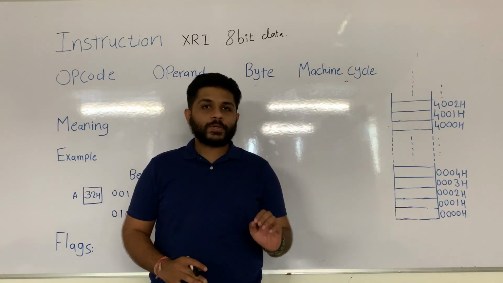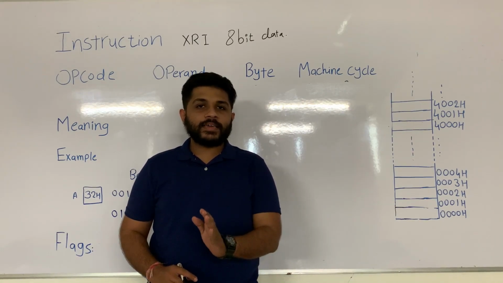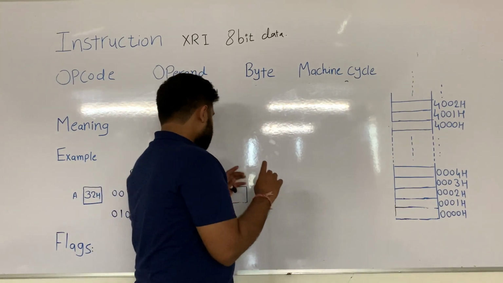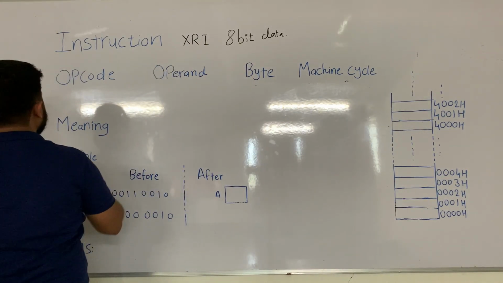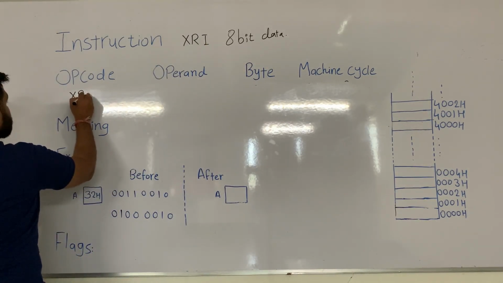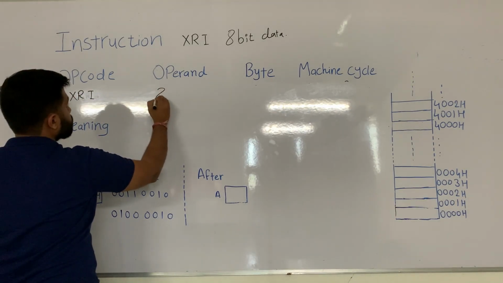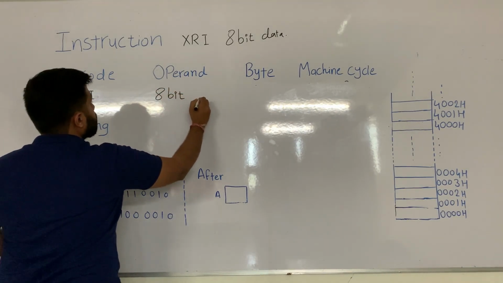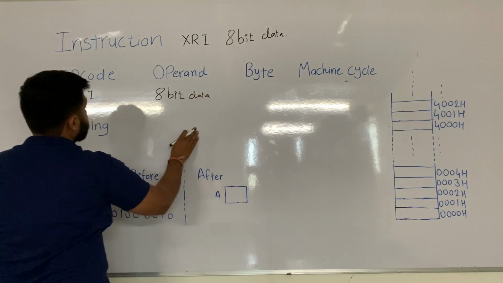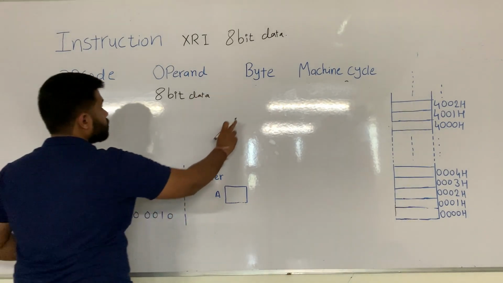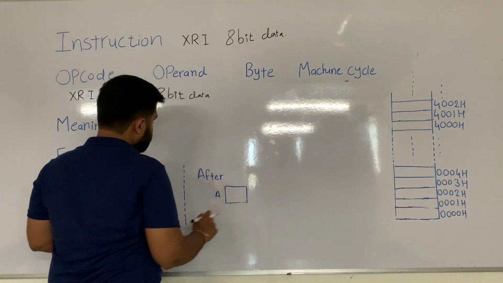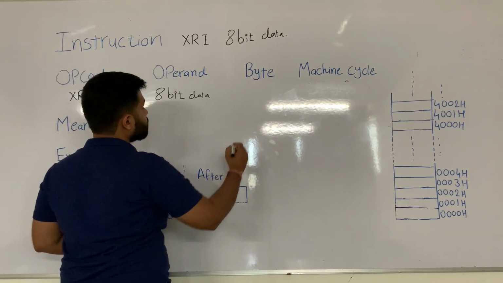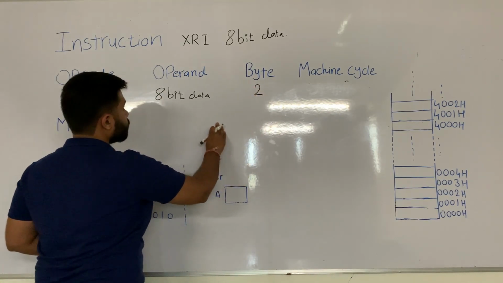Okay students, now we are going to see the instruction XRI 8-bit data. You can see that in this instruction, the first part is the opcode, that is XRI, and the remaining part is the operand, 8-bit data. In this instruction, you can see that an 8-bit value is present. When an 8-bit value is present in the instruction, it means that the instruction is of 2 bytes.